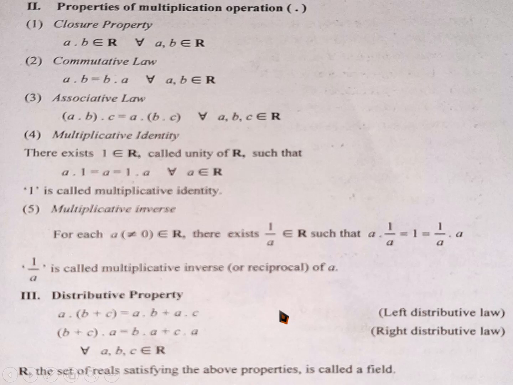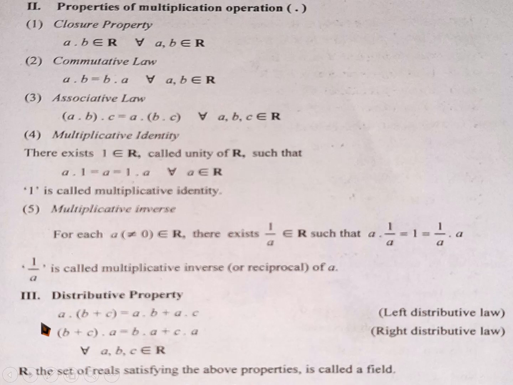The set of real numbers satisfies all these axioms. Five axioms under addition and five under multiplication, 5 plus 5, 10, and one more, the distributive property.